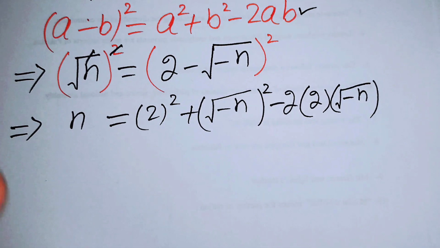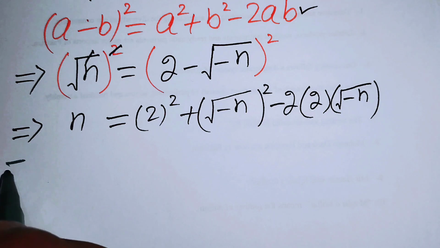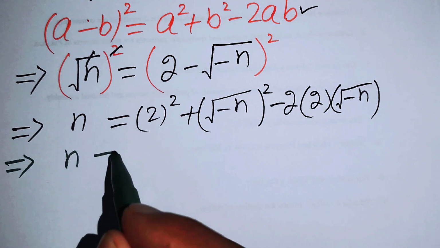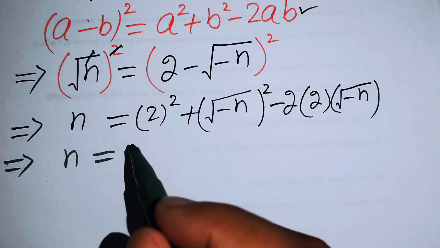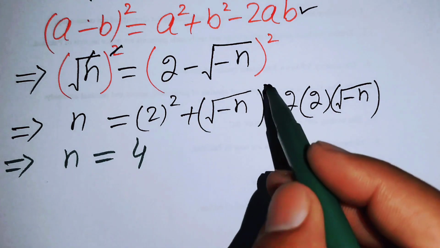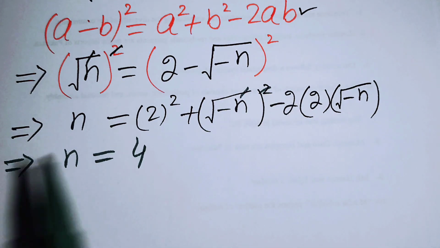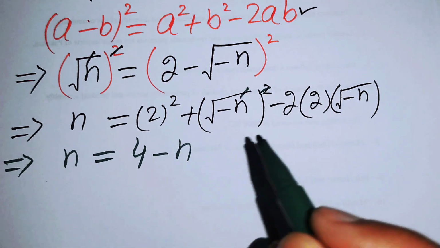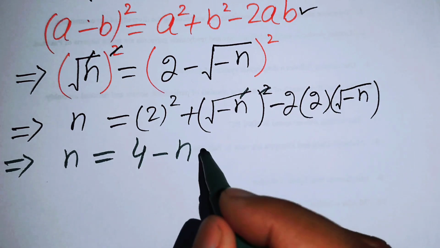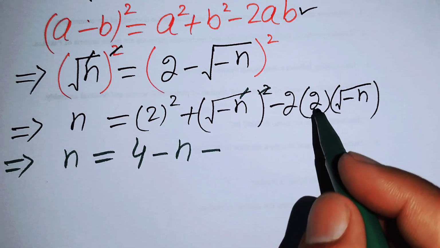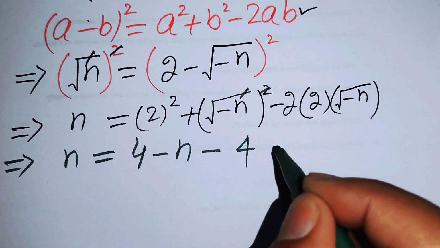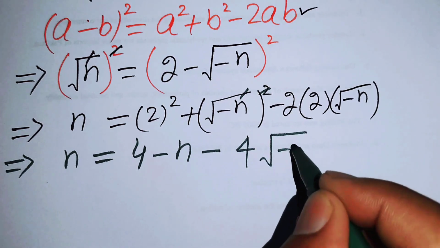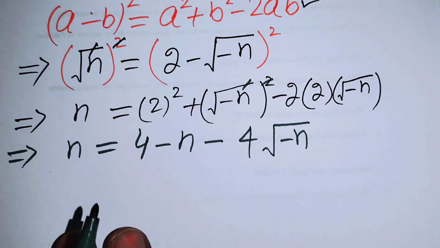Now we can simplify, so n = 4 − n − 4√(−n), where 2 times 2 is 4.